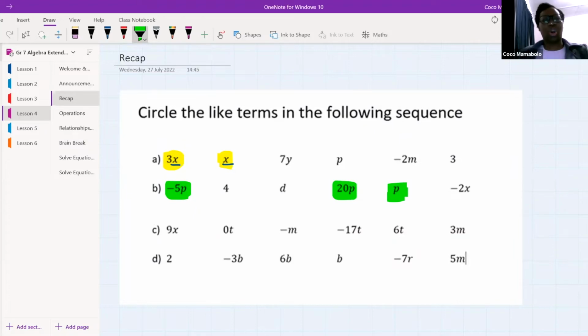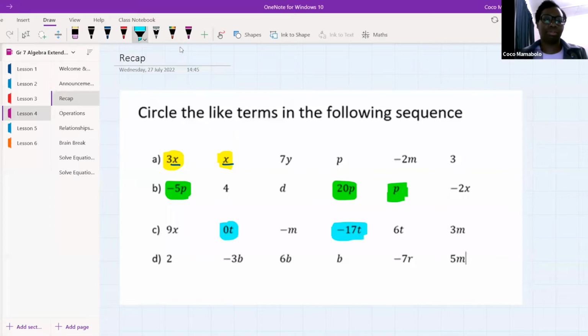Kungao, let's go. We're going to do C. Okay. Are you ready? Yes, ma'am. All right, let's go. Give me my like term. It's going to be 0T. Good. 0T. Plus -17T. Good. -17T. And?